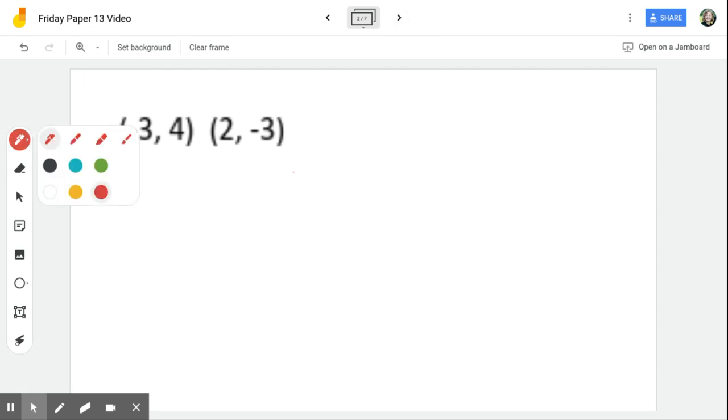The question here, this is number 5. So number 5, and the question says, find the slope of the line that passes through the following points. So we're going to use, rather than graphing this and counting, what's called the slope formula.